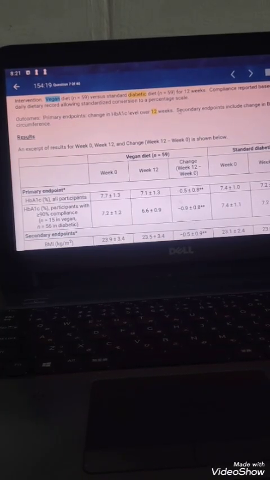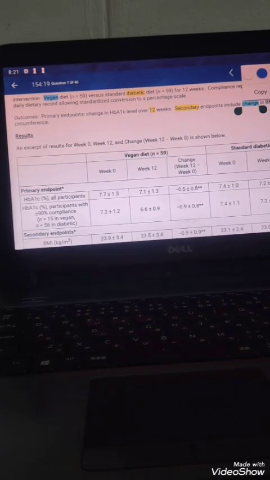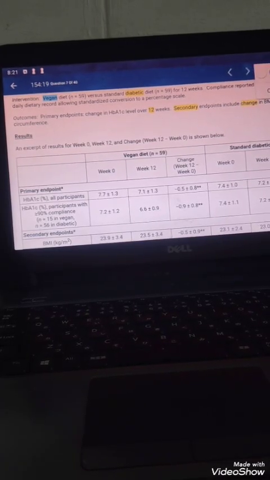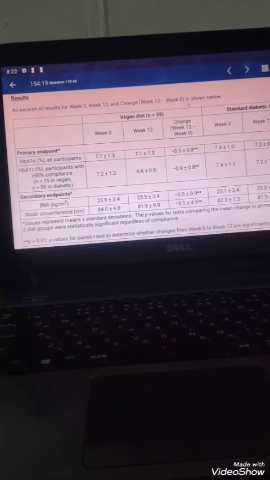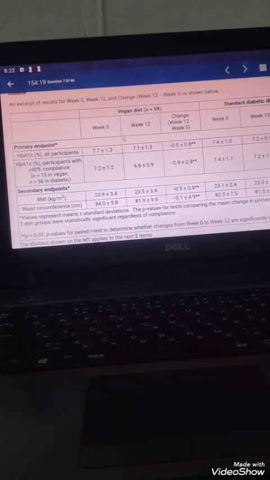The secondary endpoints, change in BMI and waist circumference, were also measured.